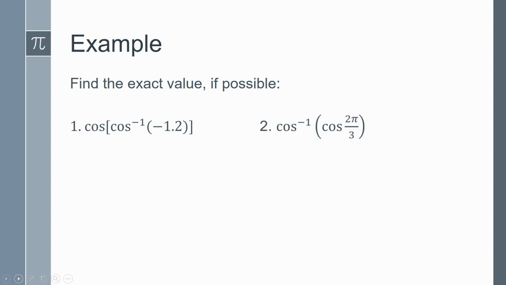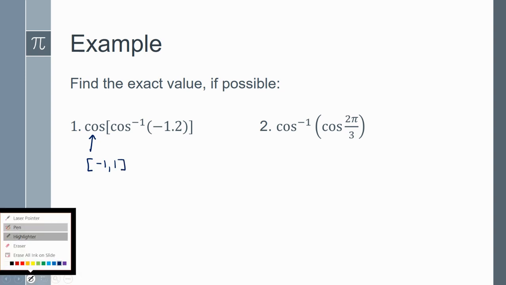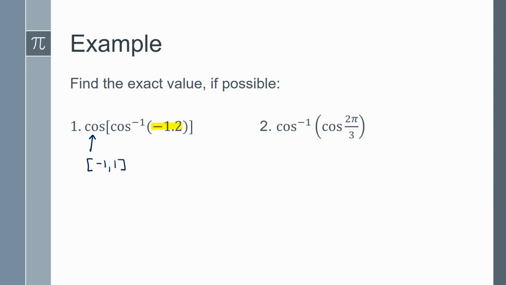Notice that we have cosine of inverse cosine of -1.2. So if I'm dealing with cosine being on the outside, we're thinking about the interval of -1 to +1. Okay, when I look at the number that is given to us, I'm noticing that -1.2 is not in this interval.